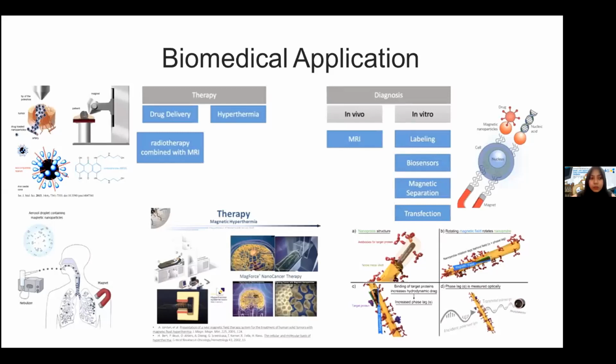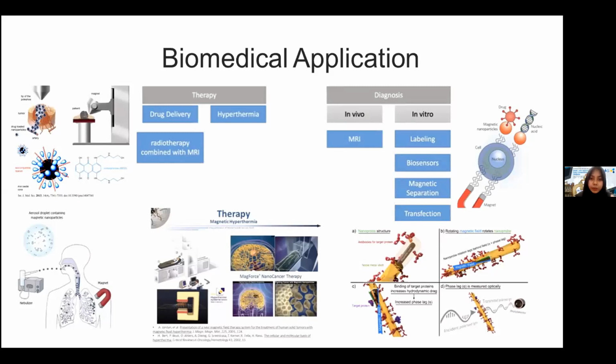The other method to introduce the material into our body is using aerosol droplets containing magnetic nanoparticles. So we just need to inhale the material into our body and also direct it using an external magnetic field.